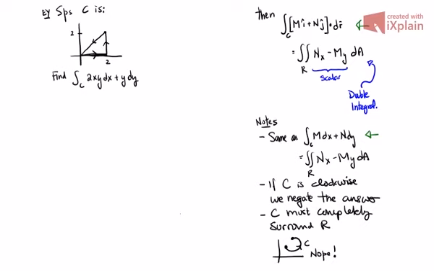So you could parameterize C, but if you do that, because C is broken into 3 pieces, you have to use 3 parameterizations. Right? So to parameterize C, we would need, because we're not going to do it, 3 r's, because C is in 3 pieces.